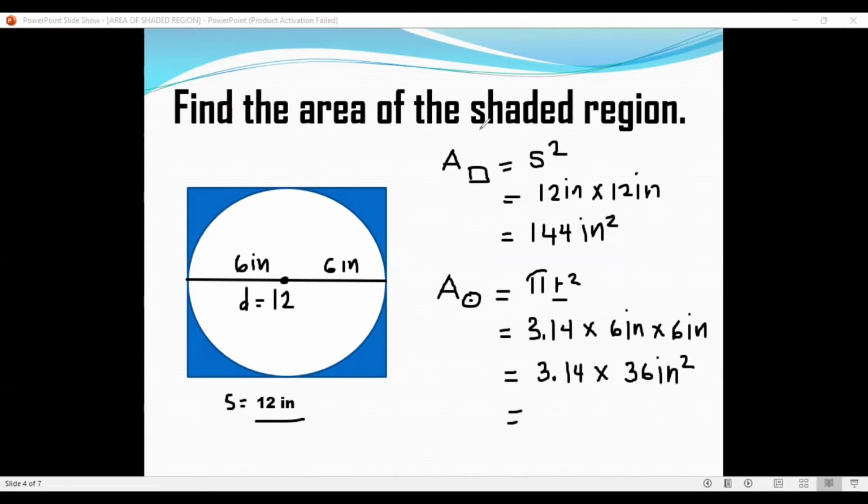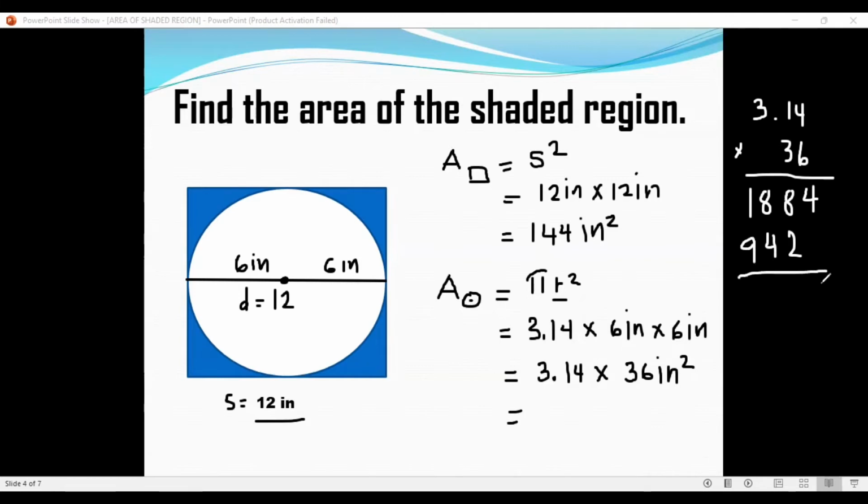Again, we can multiply 3.14 by 36. By the multiplication algorithm, you have 24, then you have 2, so that becomes 8. And then 6 and 3 is 18. Now you have to distribute the 3. 3 and 4 is 12, you have to regroup 1. 3 and 1 plus 1 is 4. And then 3 and 3 is equal to 9.